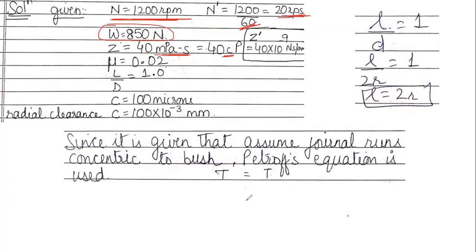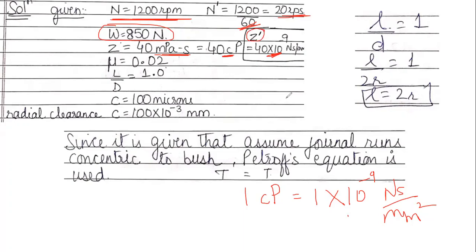And right now I had told you in the previous numerical, the one thing you should remember, 1 centipoise is 1 into 10 raised to minus 9 Newton second per mm square. This is the conversion of centipoise into Newton second per mm square. So since centipoise is given, into 10 raised to minus 9 Newton second per mm square.